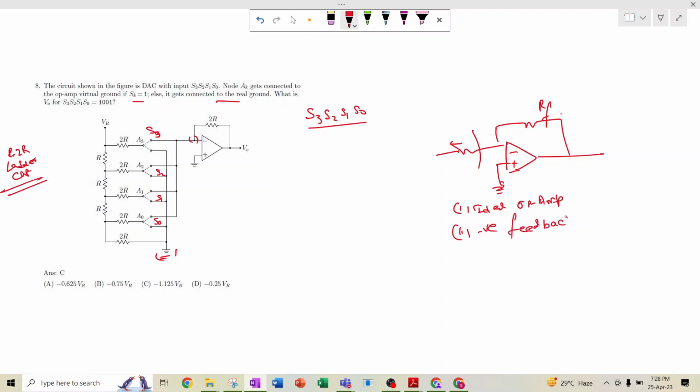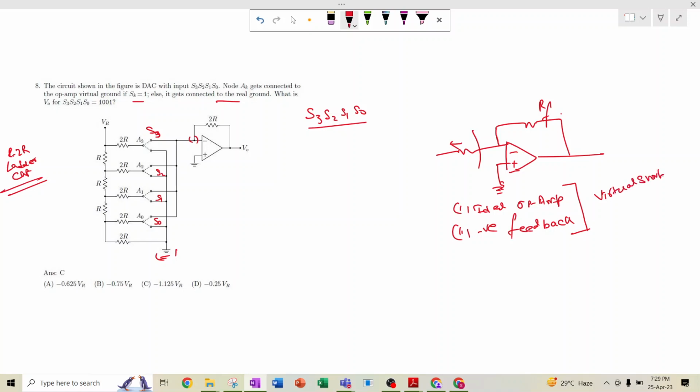We can see there is a feedback path from the output to the inverting terminal of the op-amp, so this is negative feedback. If these two conditions hold, then the op-amp is in the virtual short condition.